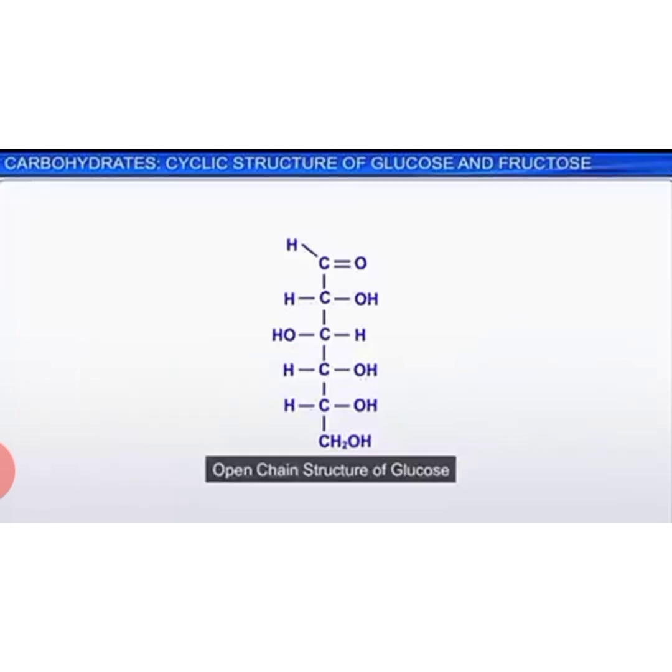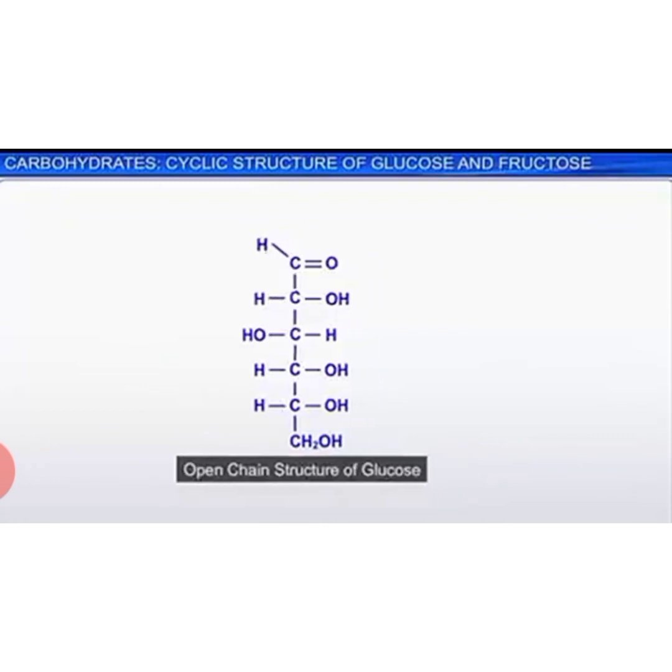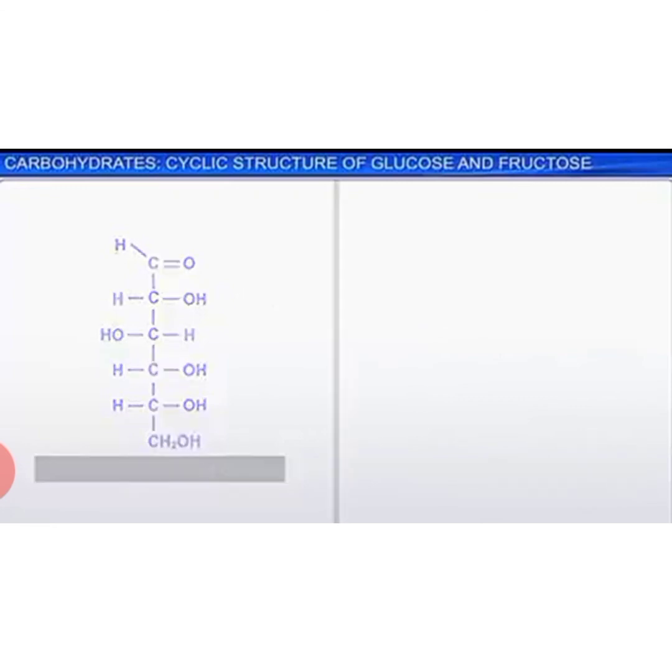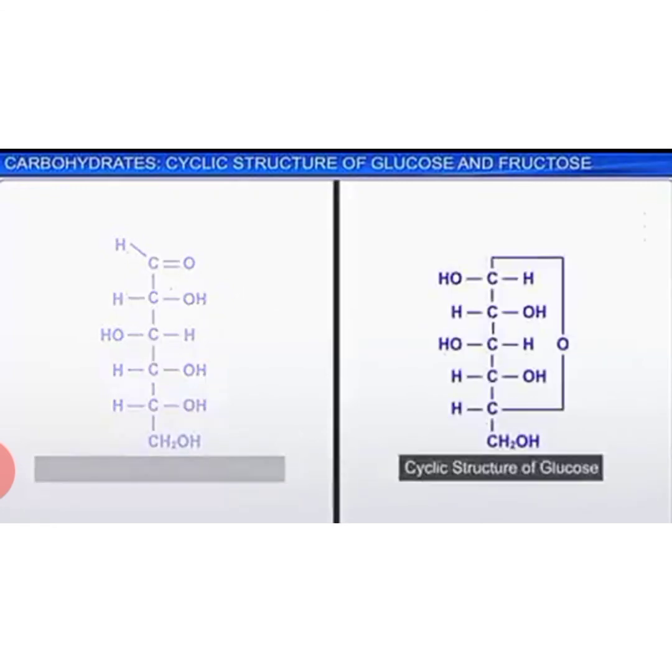We have already discussed the open chain structure of glucose on the basis of several reactions. However, it was observed that the open chain structure couldn't explain certain properties of glucose. These limitations were overcome by the establishment of the cyclic structure of glucose that was proposed on the basis of several experiments and X-ray analysis.